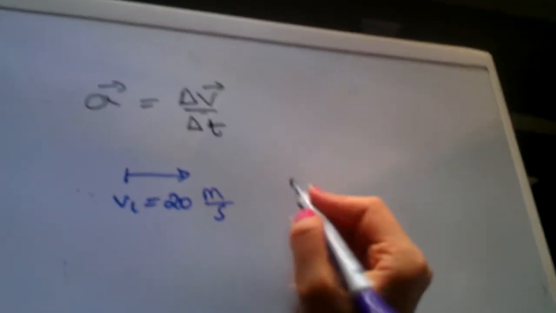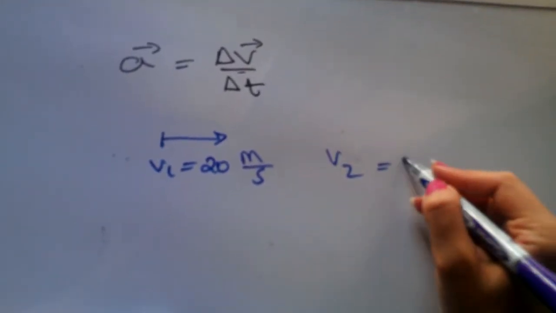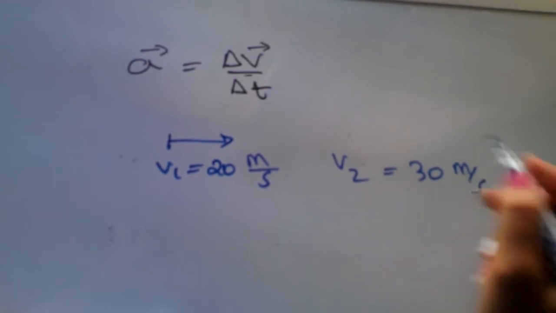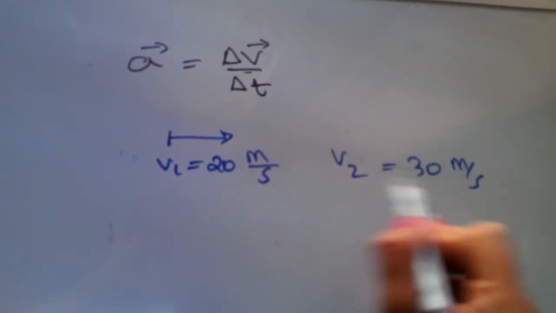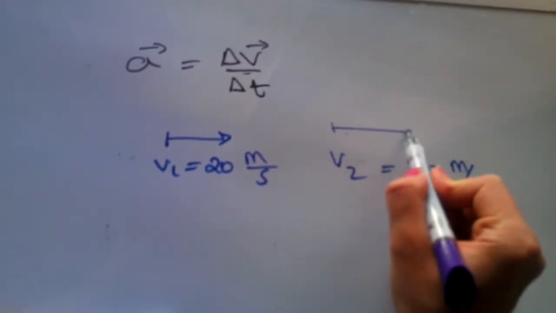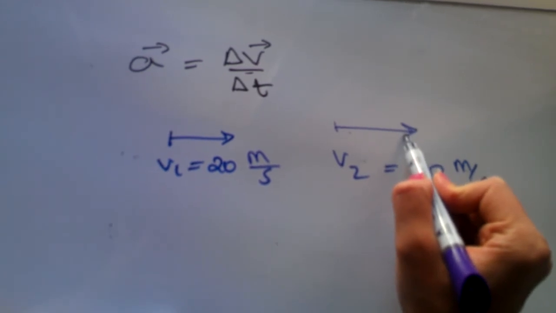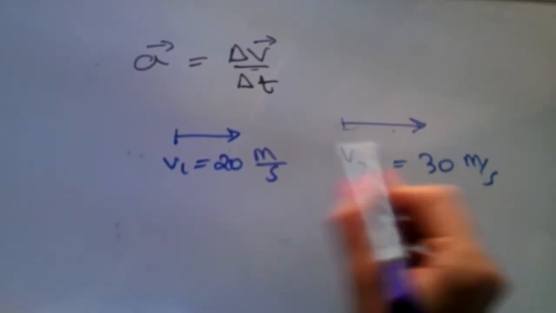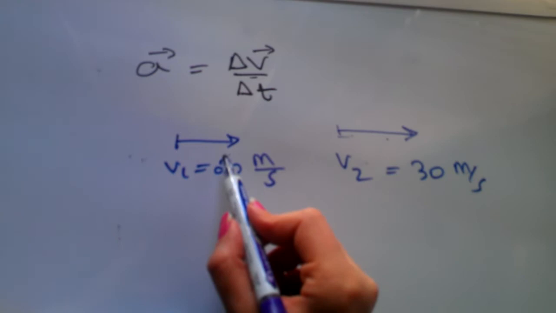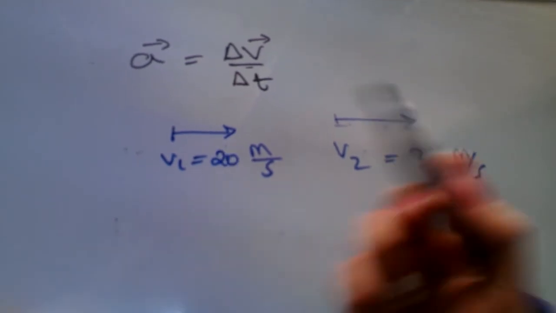Now you change your velocity and you change it to, let's say, 30 meters per second. Because it's 30, it's bigger than 20, the length of your velocity vector has to be greater, and the direction of the velocity tells you towards which direction you are moving.